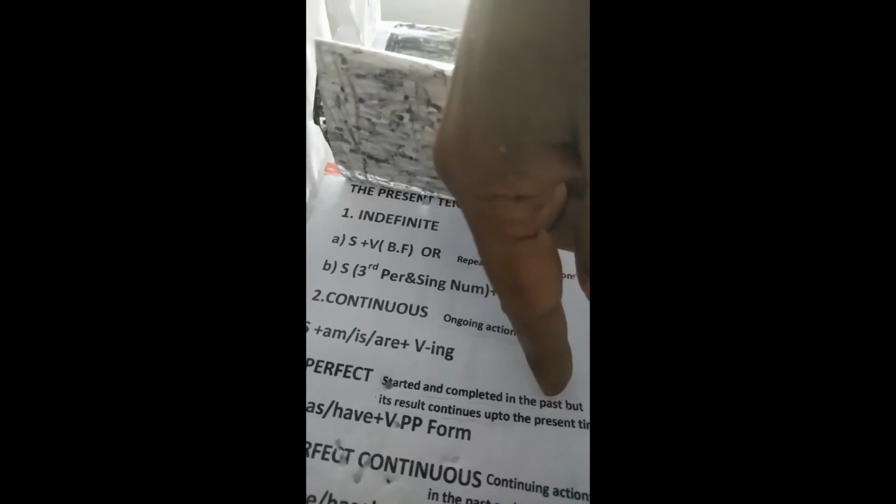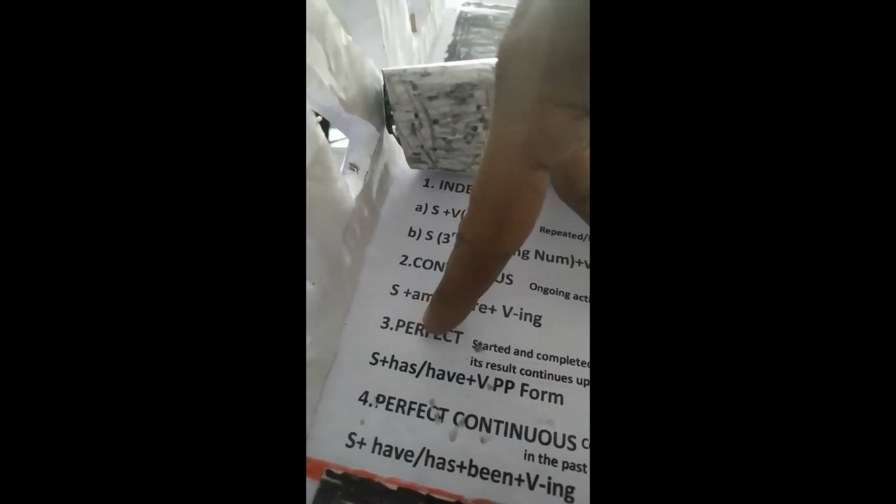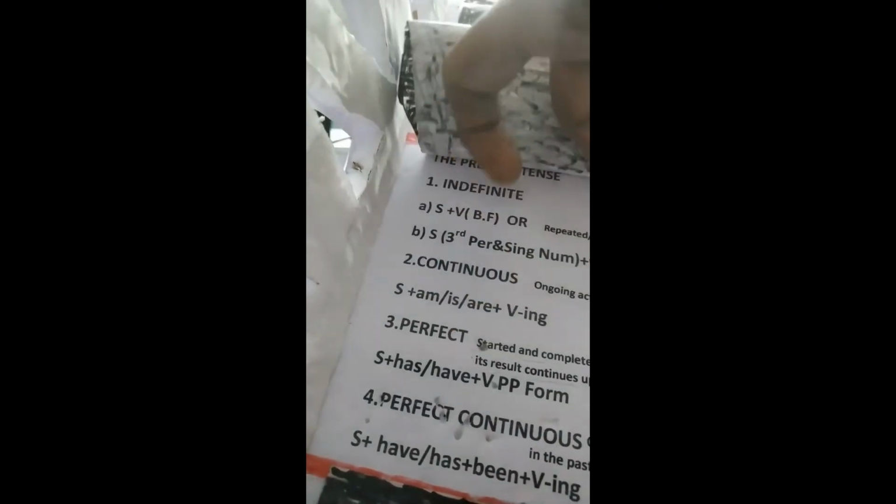Here is the definition: the action started and completed in the past, but its result continues up to the present, okay? Now see the sentence structure in case of the present perfect tense.